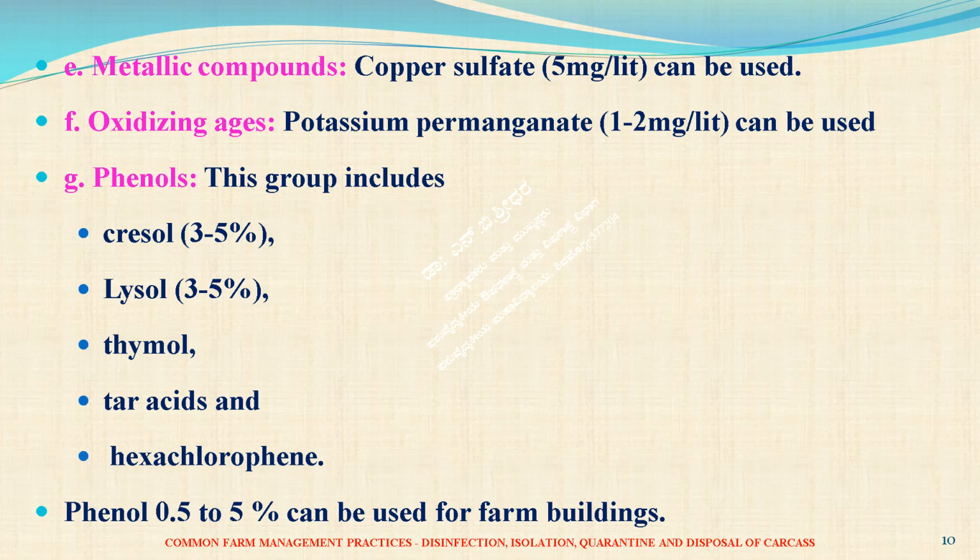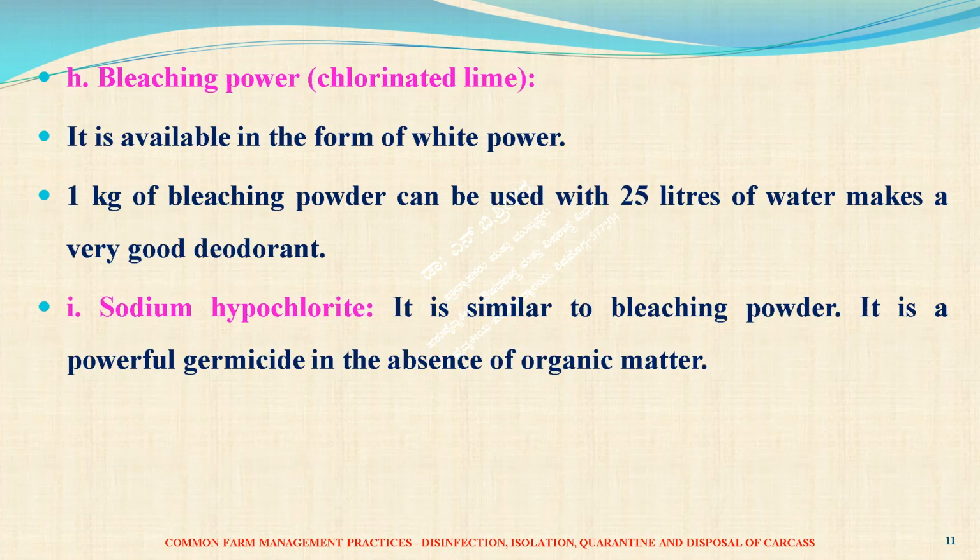Number one is cresol, lysol, thymol, and sometimes tar acids, and also hexachlorophene. And phenol 0.5 to 5% can be used for farm buildings especially. Then bleaching powder, the chlorinated lime, can also be used as a good disinfectant agent.